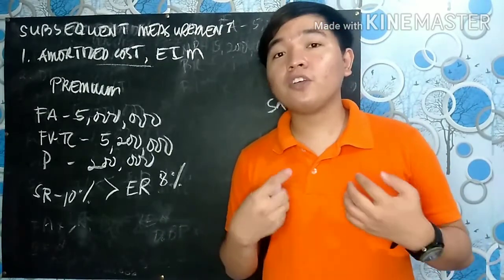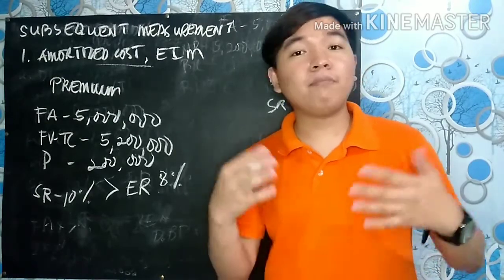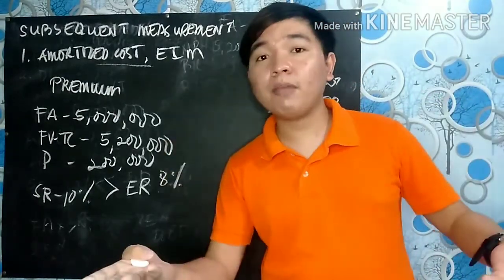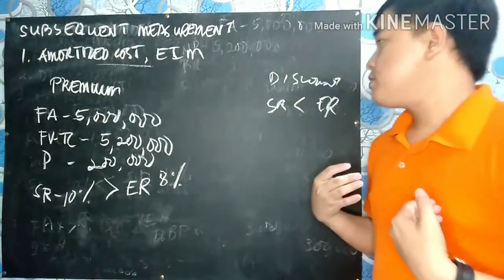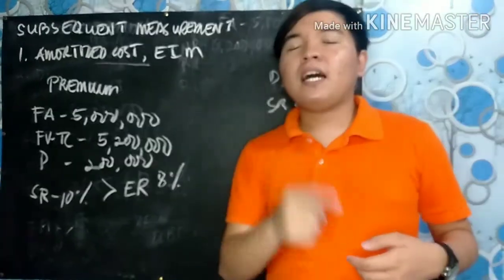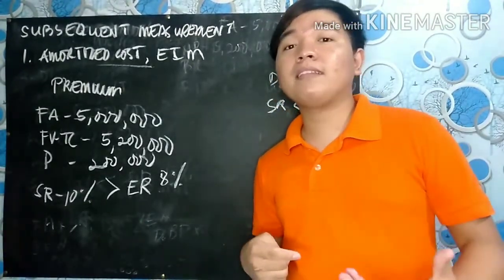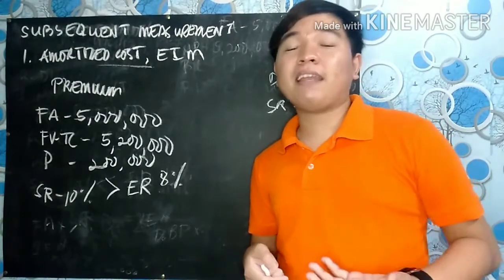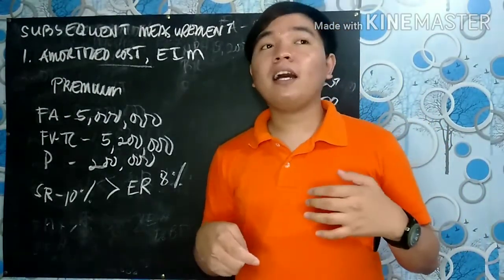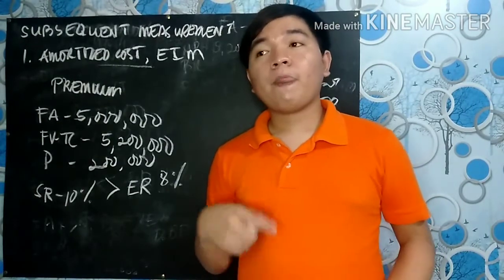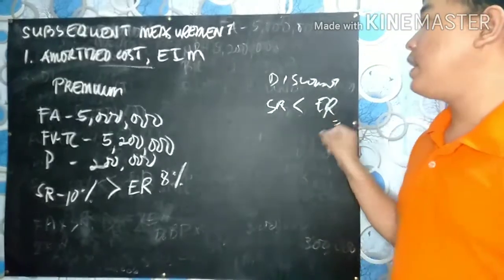Lost mo siya on your part because ikaw nag-issue ka ng 5 million, babayaran mo at the end of the day 5 million. However, natanggap mo lang is 4.9. So, ang idea nun, the investor is not willing to accept the bond na may mababang interest. So, gusto niya mas mataas yung interest. So, ang talagang effective rate niya is mas mataas sa stated rate. That's why ganyan yung idea niya.